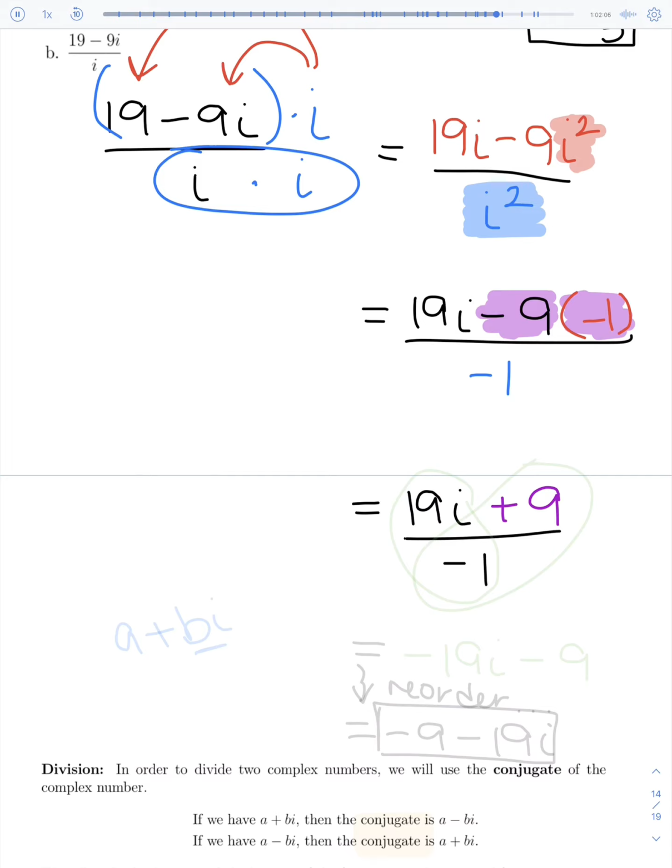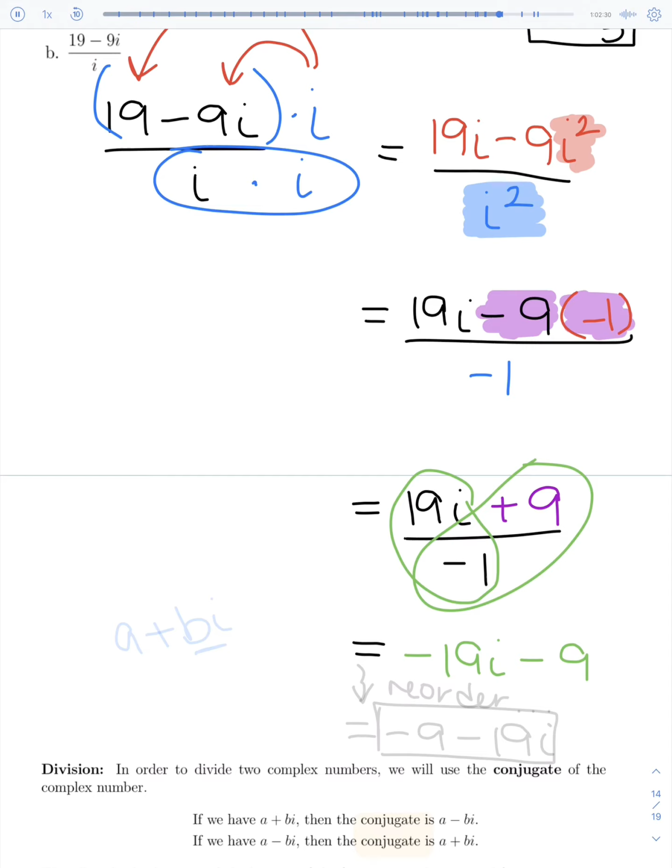The question is, what does it mean to divide everything through by a negative 1? It means that everything gets divided by a negative 1. The 19i gets divided by a negative 1, and the positive 9 too. So my positive 19i is going to turn into a negative 19i, and my positive 9 is also going to turn into a negative 9.